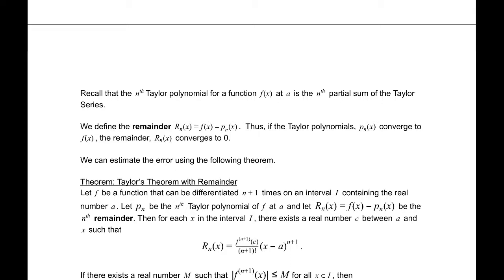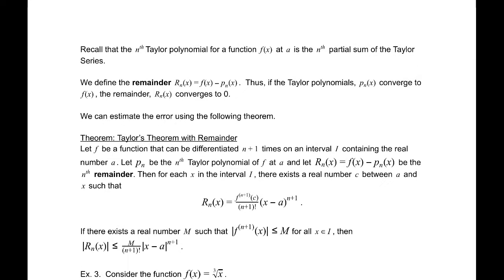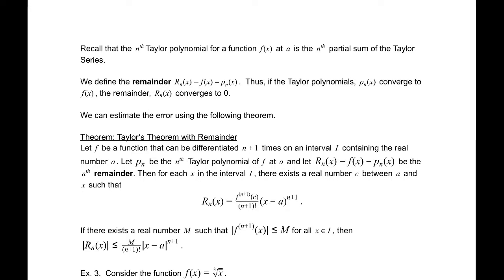And we can estimate the error, how far they are apart, with this next theorem, Taylor's theorem with remainder. Let f be a function that can be differentiated n plus 1 times on an interval I containing the real number a. Let Pn be the nth Taylor polynomial of f at a, and let Rn of x equal f of x minus Pn of x be the nth remainder.